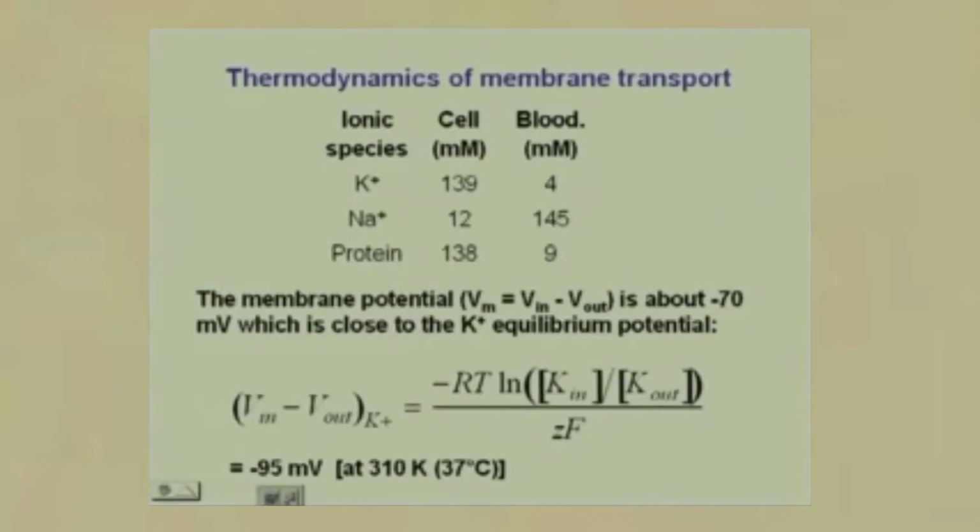Okay. So, now this is what we have for the potassium. We worked it out for the sodium. For the sodium, it came out to be 67 millivolts. Here it is minus 95 millivolts at 310 K, that is 37 degrees centigrade, which is normally where you would do all your biological calculations. The pH is 7.4 and 37 degrees centigrade, which in most of the books where you will read biochemistry, the delta G0 has a prime to it.